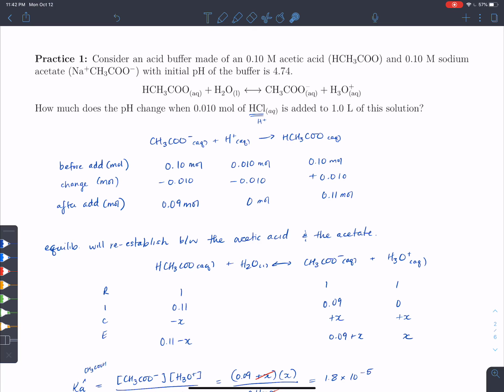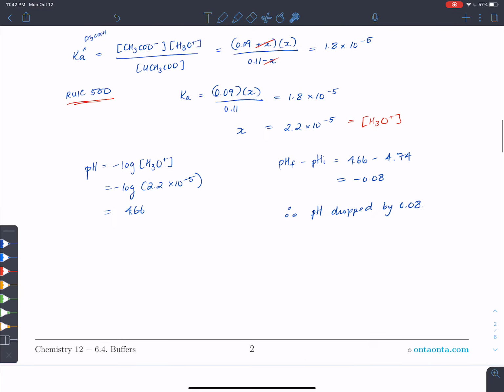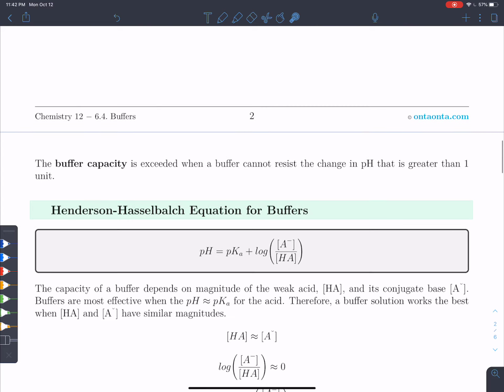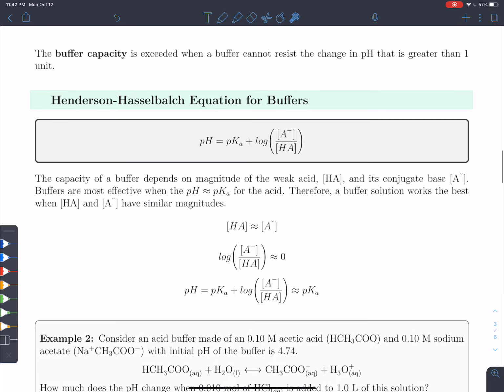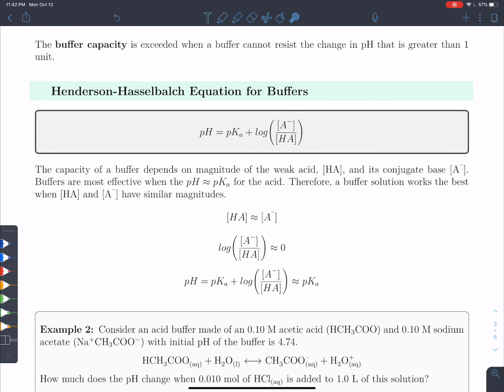Okay? Now, we can continue that understanding of buffer capacity by looking at the Henderson-Hasselbalch equation. When we're talking about buffer capacity, we don't want the pH change to exceed a unit of greater than 1.